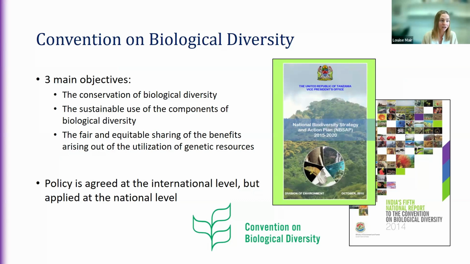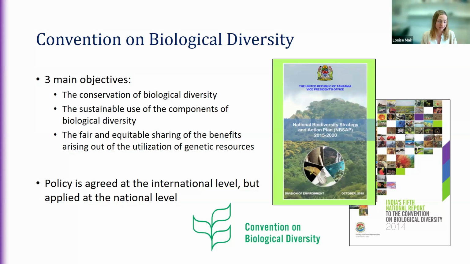Its objectives are the conservation of biodiversity, sustainable use of the components of biodiversity, and the fair and equitable sharing of the benefits from using genetic resources. So it's a really wide-ranging convention. Almost every country in the world is a party to the CBD, so it's got this really incredible global overview. And basically it sets the global policy agenda for biodiversity conservation.